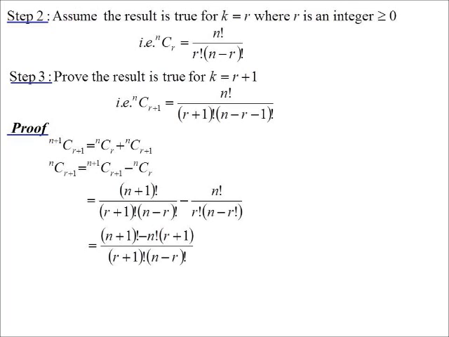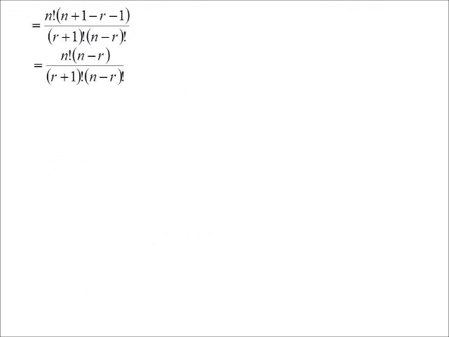Let's tidy the top up then. Common factor of n factorial. If I take n factorial outside of (n plus 1) factorial, I'm left with n plus 1. And then minus all of the r plus 1, so I get n plus 1 minus r minus 1. So that then tidies up to be simply n minus r on the top.